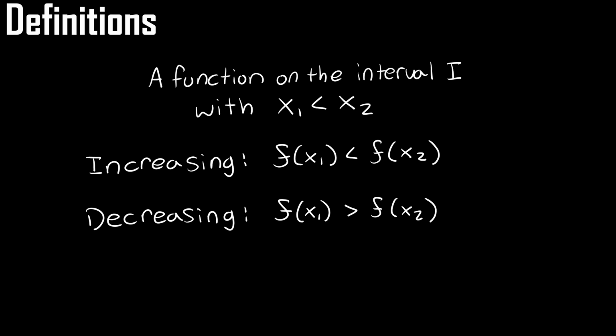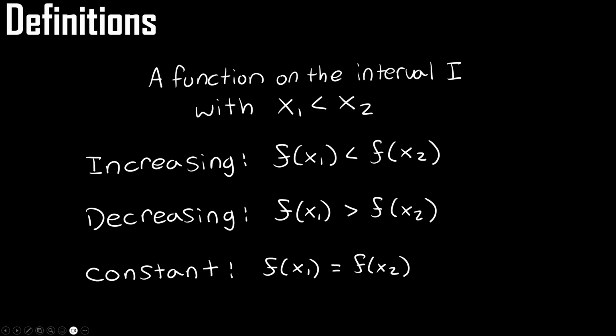Now the function is constant if the y values are the same. So f of x1 equals f of x2. These definitions will make more sense once we do some examples.